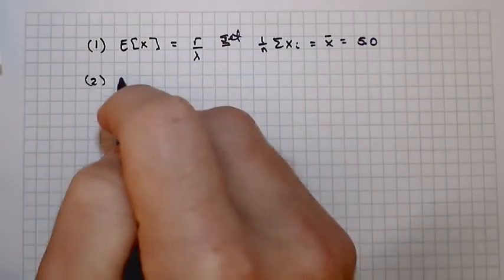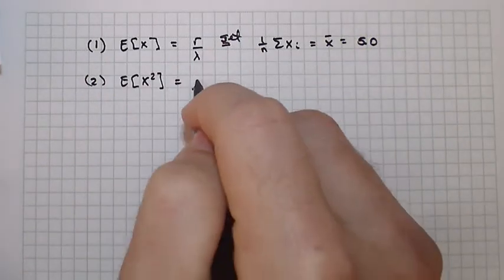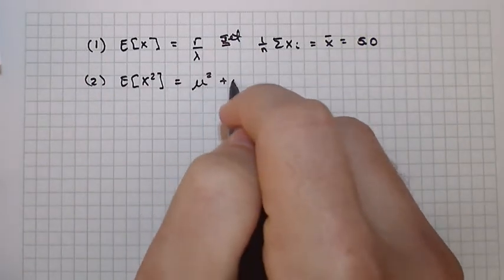So let's look at the expected value of x squared, and remember that's also equal to mu squared plus our variance.